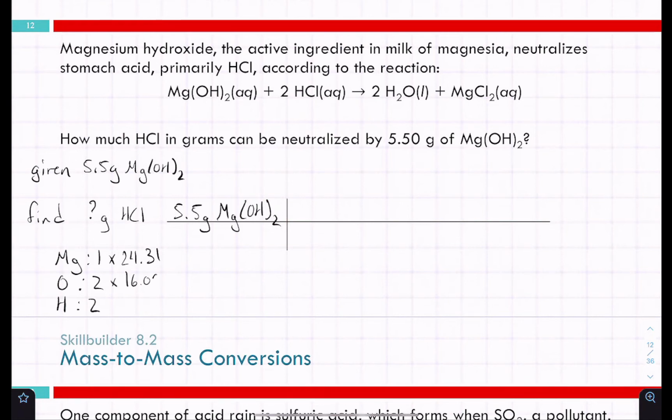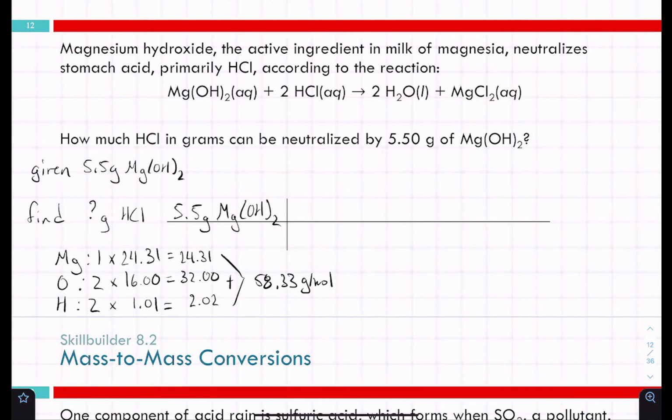Oxygen is 16.00. Hydrogen is 1.01. So 24.31, 32.00, and 2.02. Add those together. So that's going to be 58.33 grams per mole.